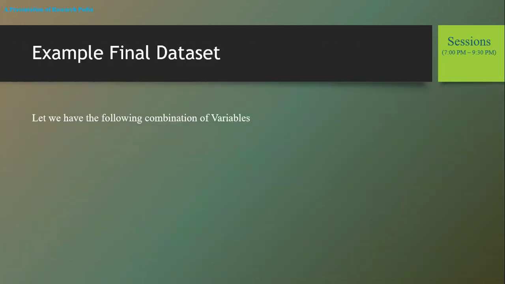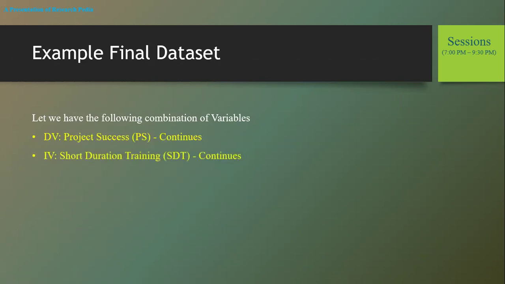So let me explain the same example with the final data set. Let's say we have the following combination of variables: the DV project success, which is a continuous variable. We have short duration training as a continuous variable. We have the first moderator, effective schedule, which is continuous.